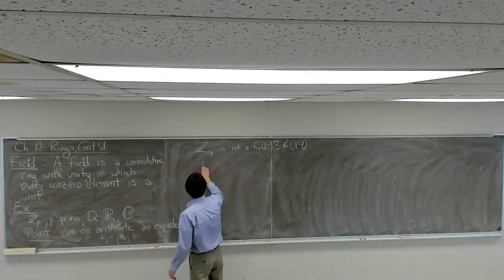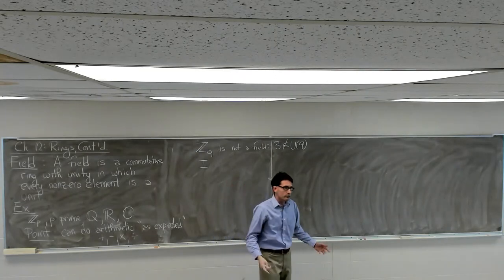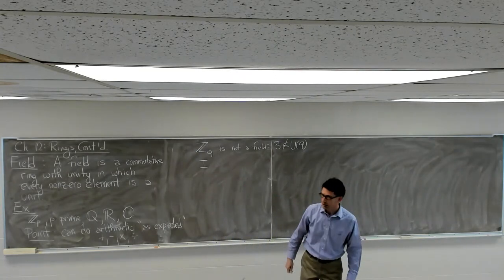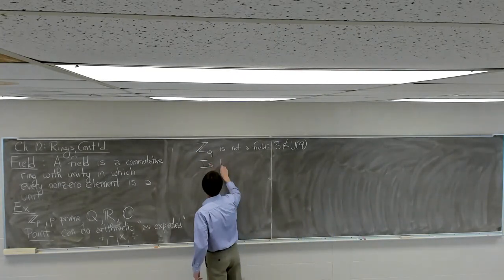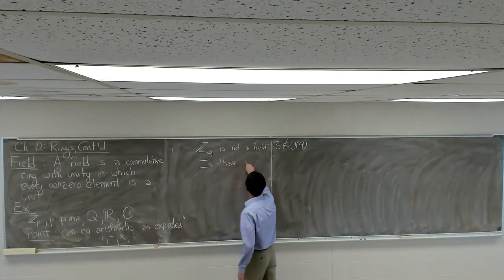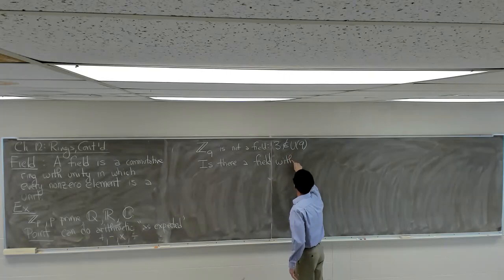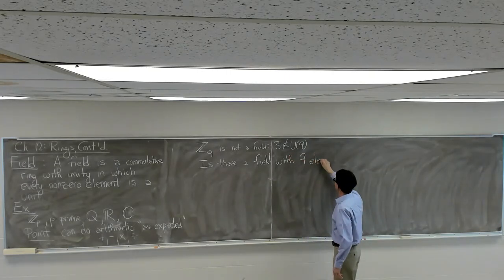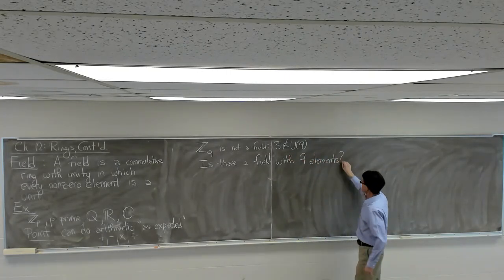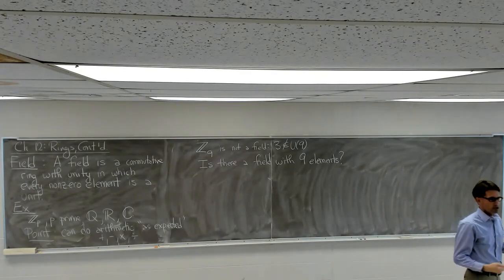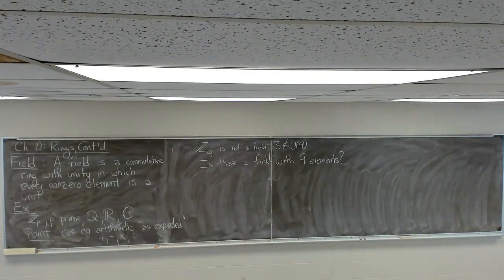Okay, so one might wonder, the integers mod 9 don't work, but is there something else that might? In other words, is there a field with 9 elements? So a commutative ring with a 1 in which every non-zero element has an inverse.